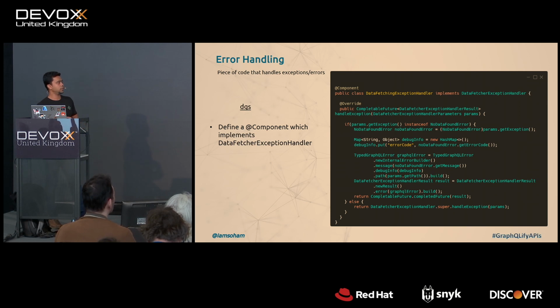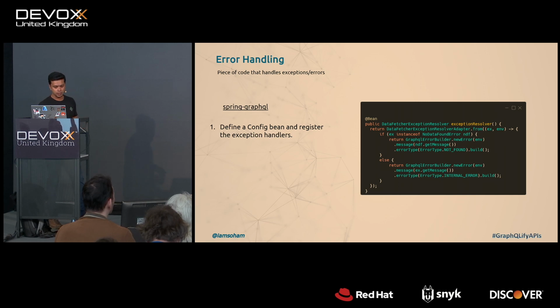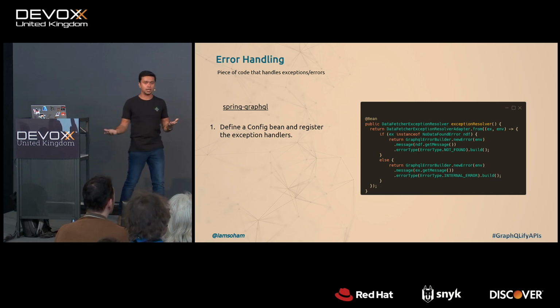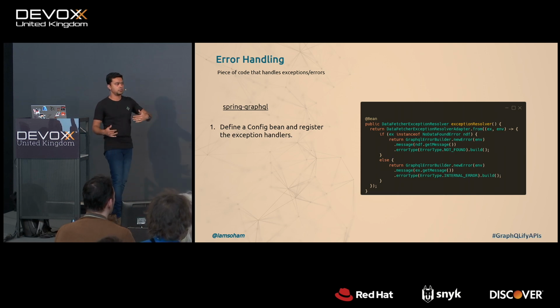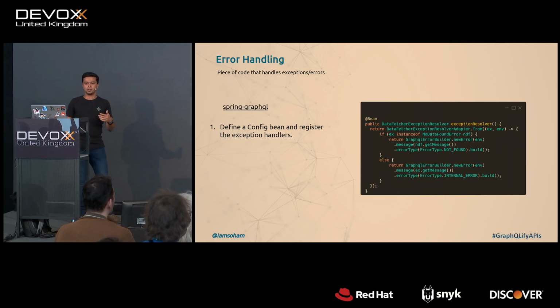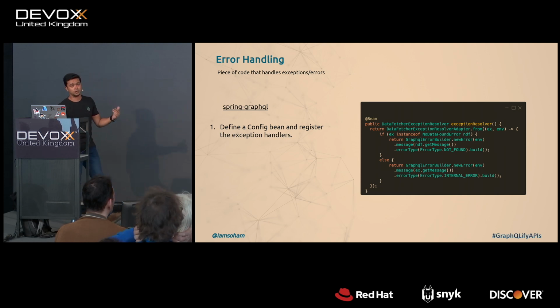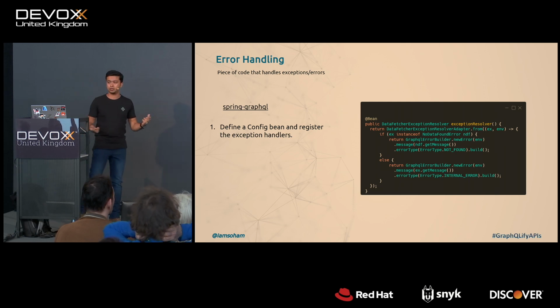A lot of code, but yeah, that's how they want to implement it. In Spring for GraphQL, also a pretty similar approach, but the way you handle the exception becomes a bit less. So in my thinking, they saw how DGS did it, and they simplified the approach without changing it too much.